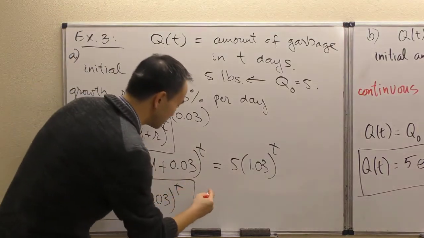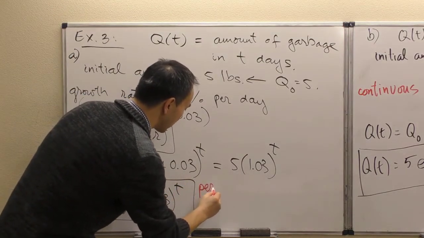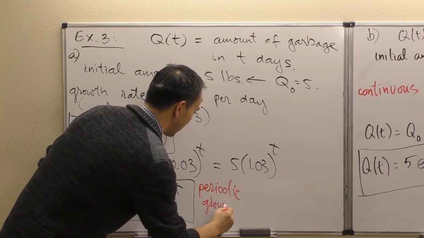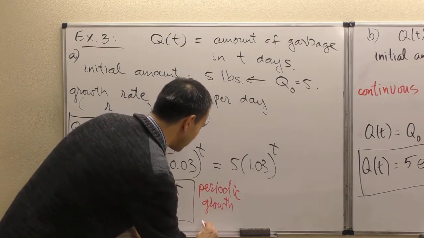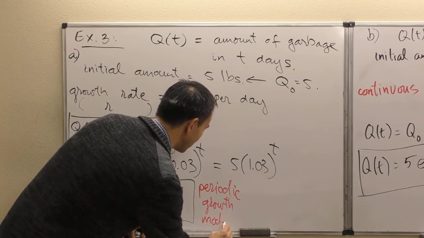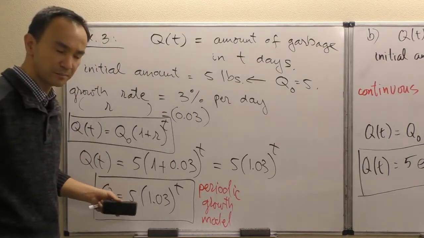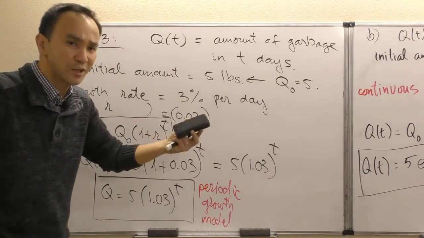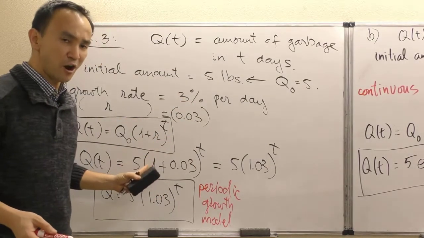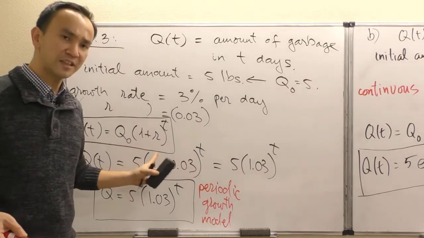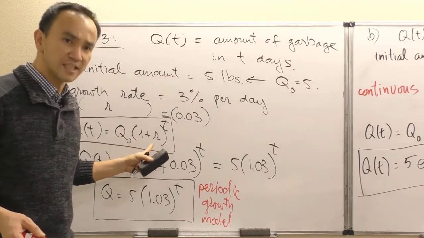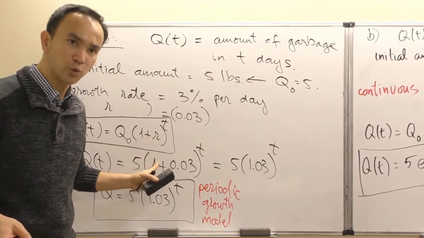This is the periodic growth model right there, simply because the rate did not come with the word continuous or relative. But then because of that, if we think about getting the continuous growth model, it is entirely possible and doable.